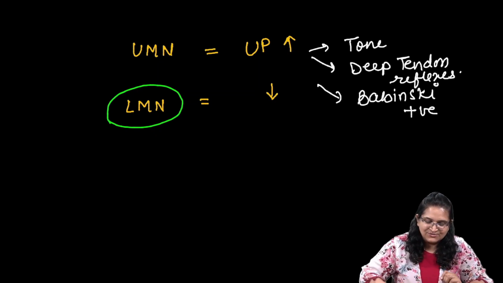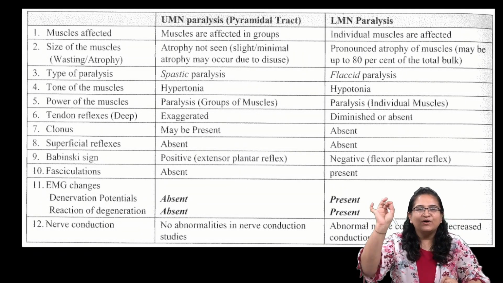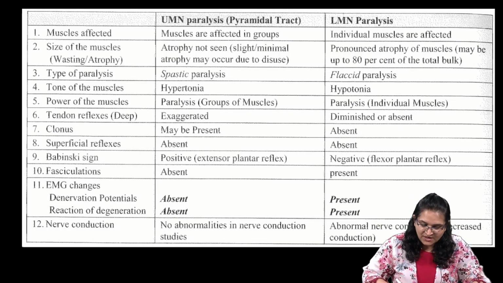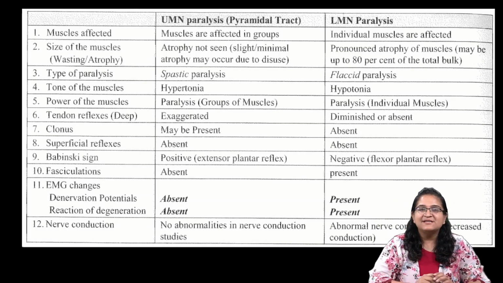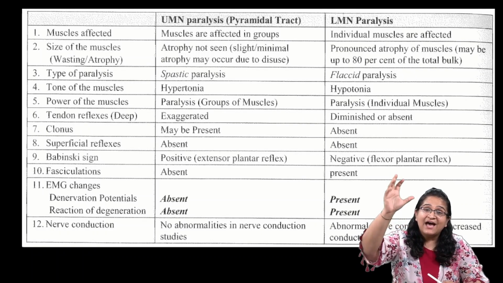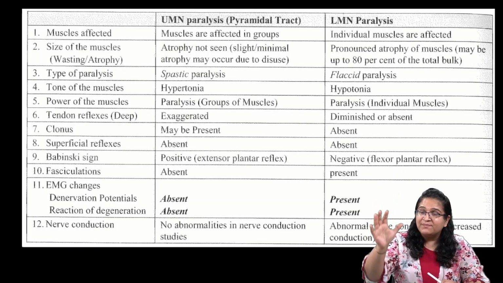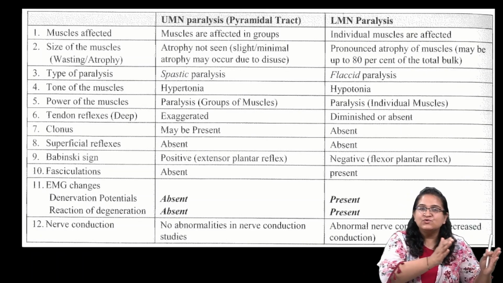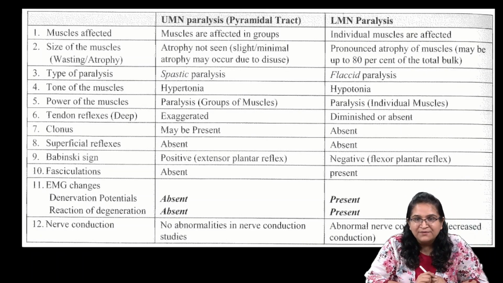Now coming to the chart, very important chart everyone, and I want all of you to learn it with me. Okay, now in this first thing, upper motor neuron lesion, please remember upper motor neurons, they are coming from the brain, right? From the brain up till the anterior horn cells. From anterior horn cells to the nerve is the lower motor neuron.